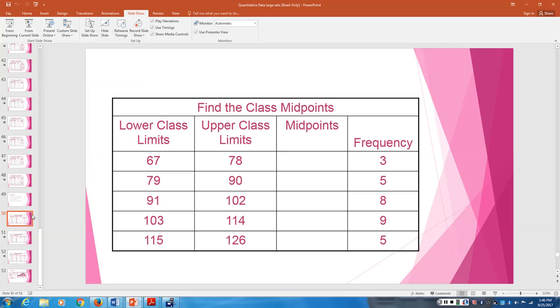So the way you get the midpoints is you add the lower limit plus the upper limit and divide by 2. And then after you've done the first one, since you know the class width, you just continue until you fill them all in by adding 17 each time. I'm sorry, not 17, 12.